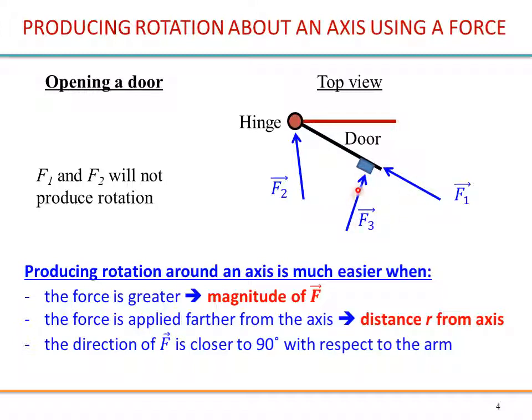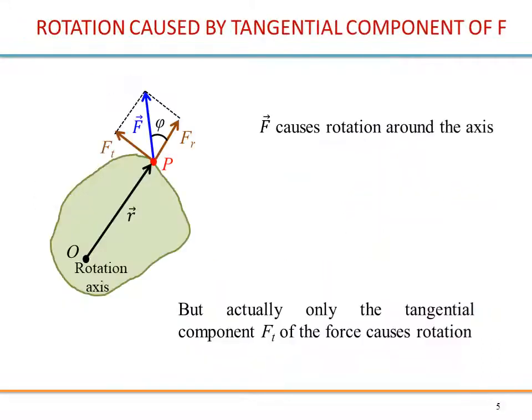Here it is close to 90 degrees, you have efficient rotation. F can be decomposed into two orthogonal components, Ft and Fr. You see that Ft is perpendicular to r. So only this tangential force will in fact be efficient at producing rotation.